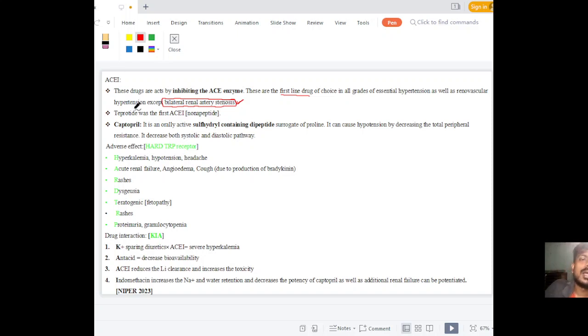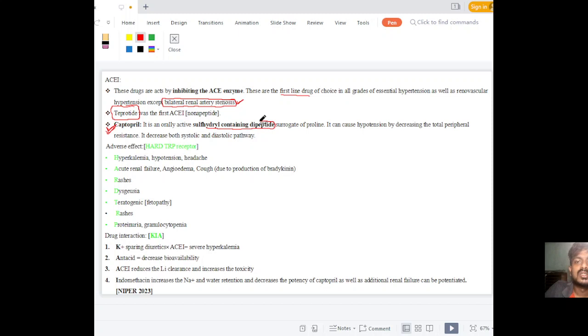Teprotide is the first ACE inhibitor approved clinically. Let us discuss captopril, which is a prototype drug and is not a prodrug; it is an active drug, because I told you all the ACE inhibitors are prodrugs except captopril and lisinopril. A question is asked from this every time. It is a sulfhydryl containing dipeptide.